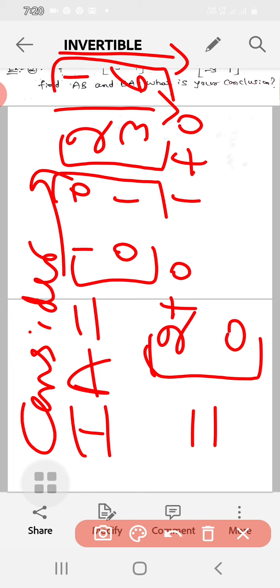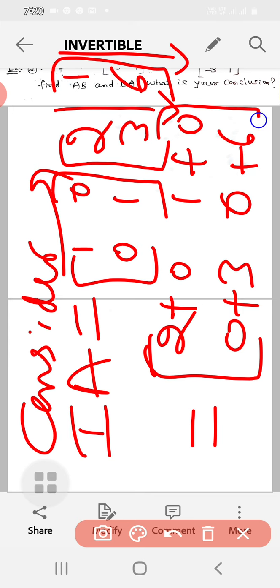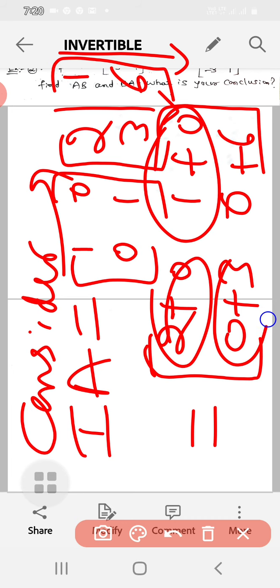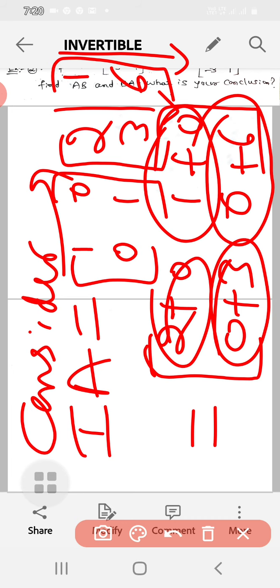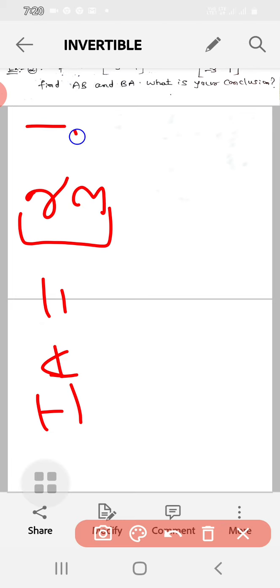Then 0 into 2 is 0, plus 1 into 3 is 3. Then 0 into 1, 0, plus 1 into 6 is 6. Then you check the elements. Adding these, 2 plus 0 is 2, 1 plus 0 is 1, 0 plus 3 is 3, 0 plus 6 is 6. So I get IA equal to [2, 1; 3, 6]. Call this equation 2.